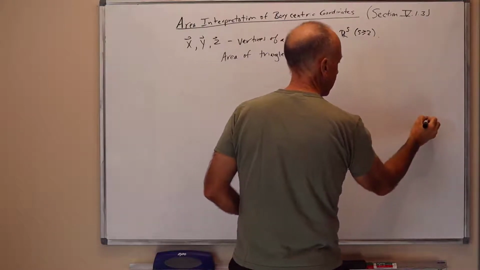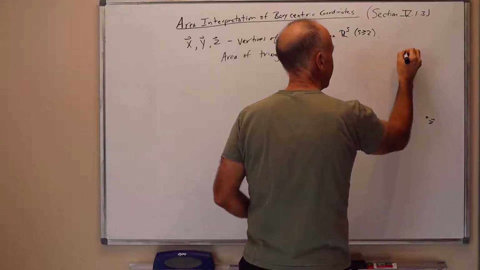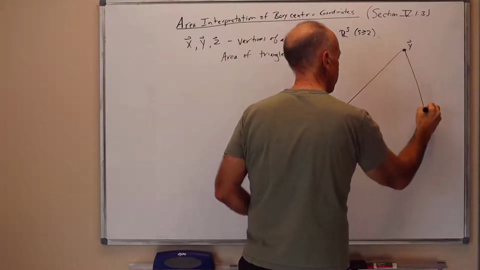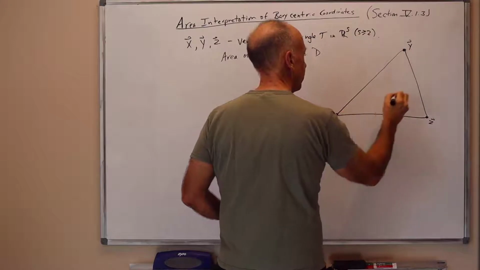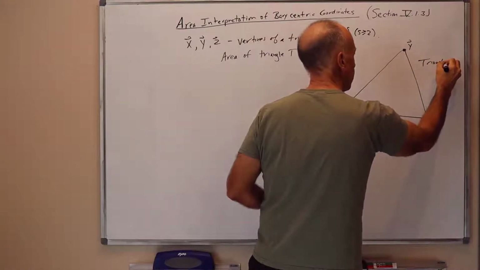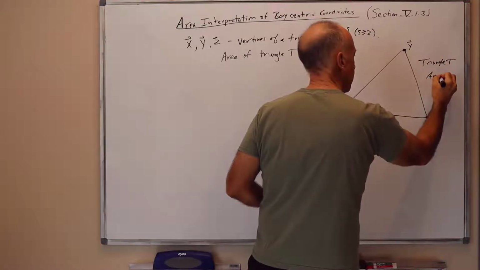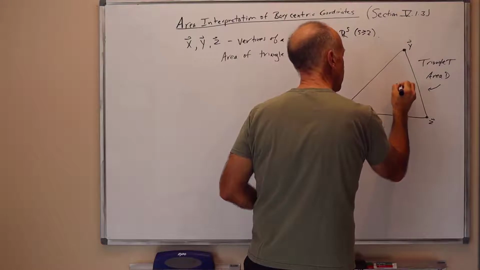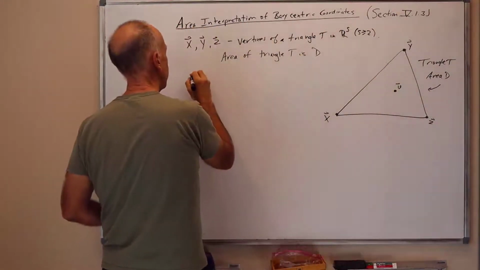So here's X, here's Z, here's Y, here's our triangle T, with area D. There's a point U in the interior.